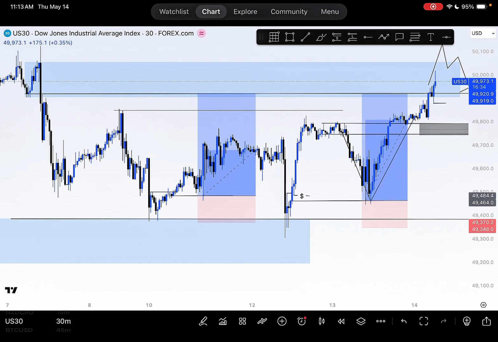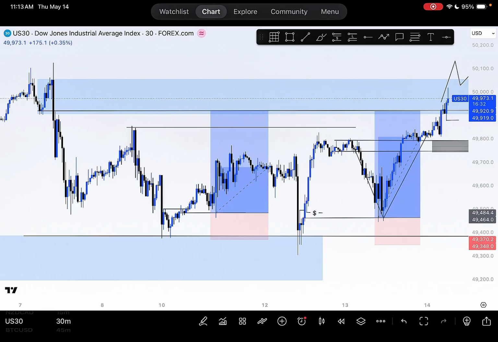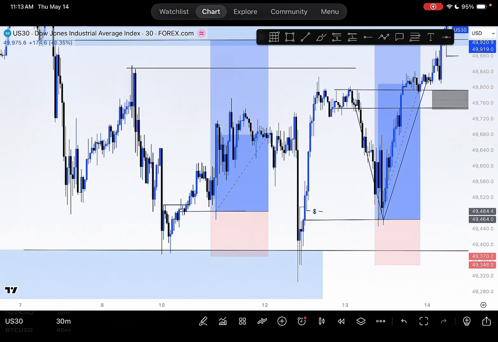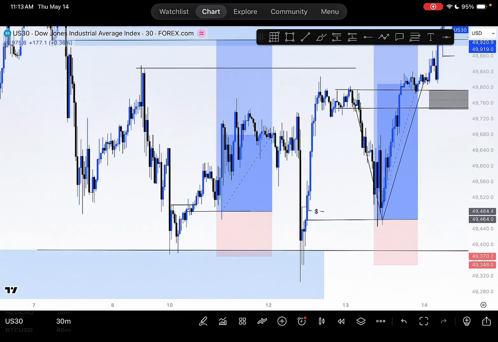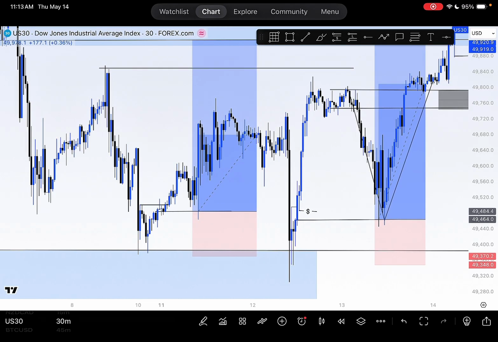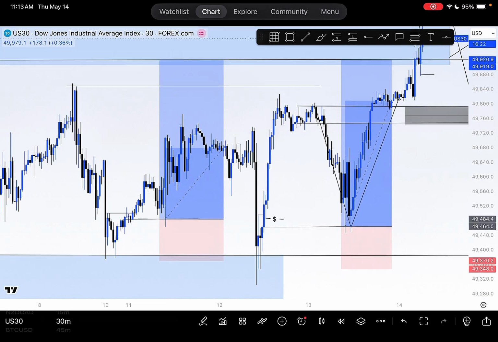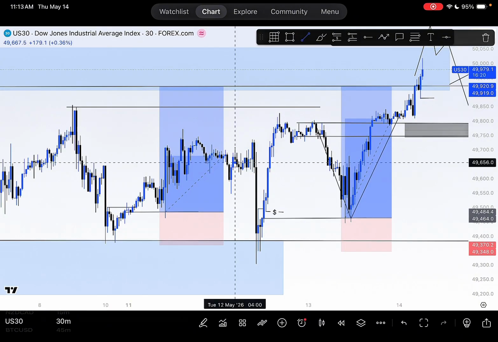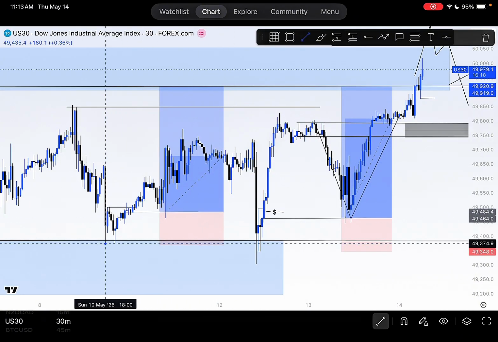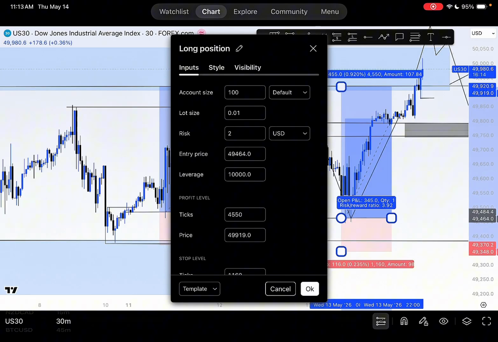This first one, it was not really clear. Even the other block that the market reacted from was not really that clear, and the market decided to come back to that zone, retest, sweep this liquidity before pushing up.